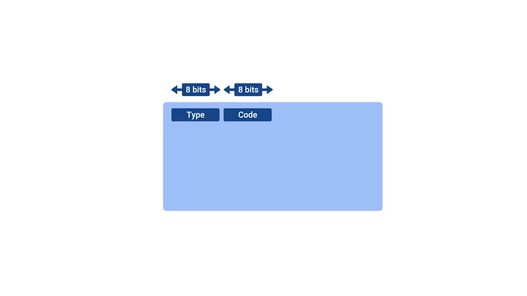Immediately after this is the code field, which indicates a more specific reason for the message than just the type. For example, of the destination unreachable type, there are individual codes for things like destination network unreachable and destination port unreachable. After this is a 16-bit checksum that works like every other checksum field we've covered so far.